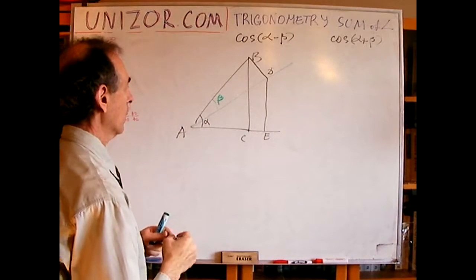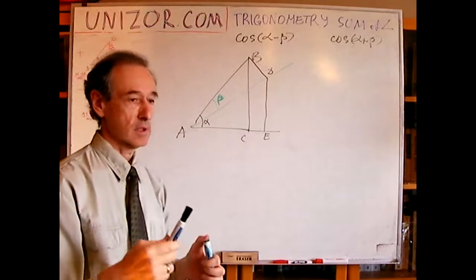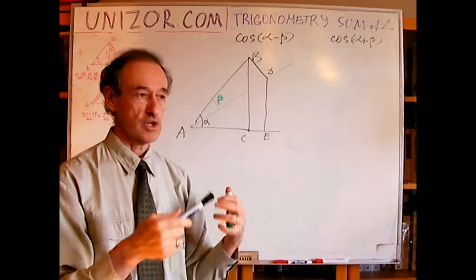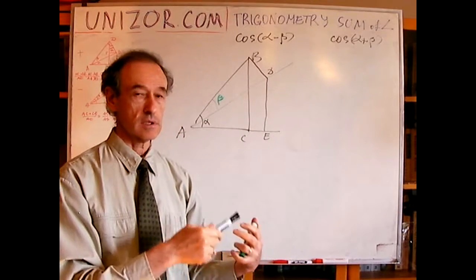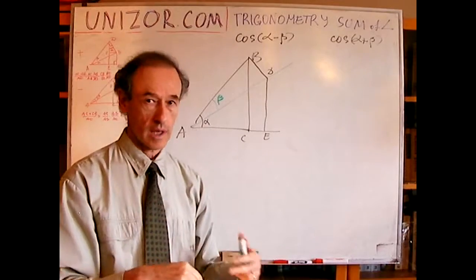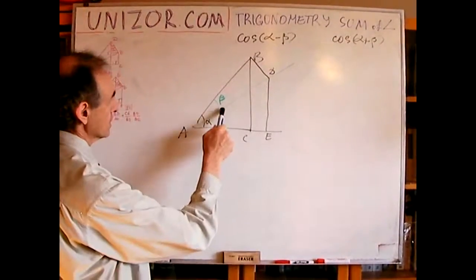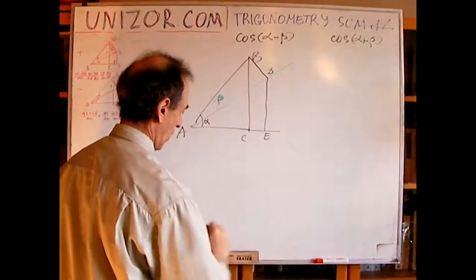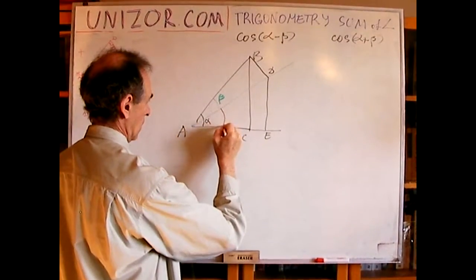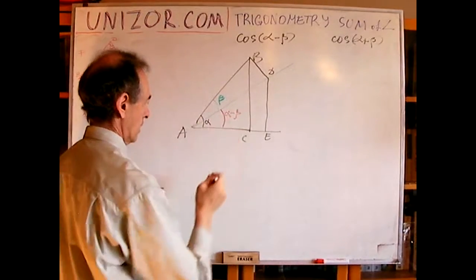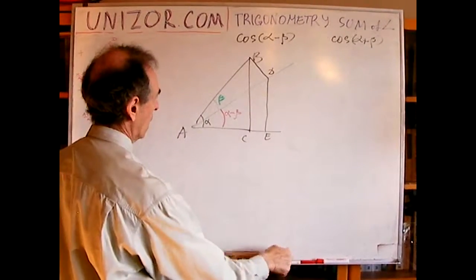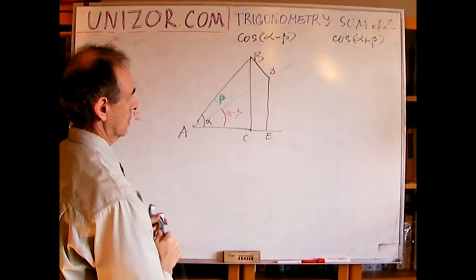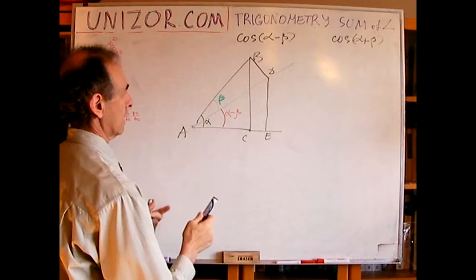And here's how. I will use the definition of the cosine, which is adjacent cathetus in the right triangle over the hypotenuse. So for this angle, which is alpha minus beta, let me mark it, alpha minus beta. So for this angle, considering triangle AED, what can I say? What's the cosine of this angle?